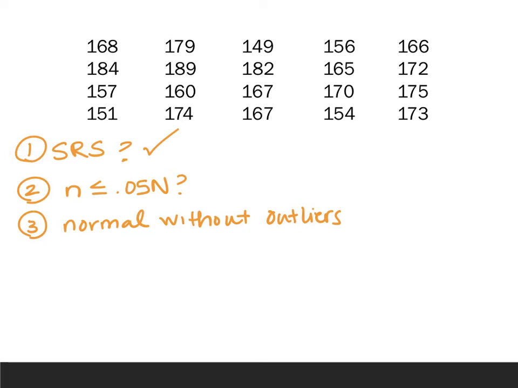Well, the past 20 years, if we think about how many years of growing seasons, they've been growing things for millennia. So I think we're safe to say that 20 years is definitely a small enough sample from our entire population. And then to check to see if it's normal without outliers.